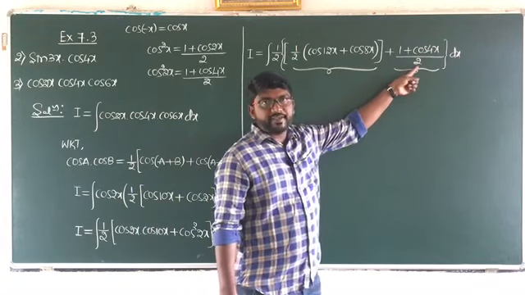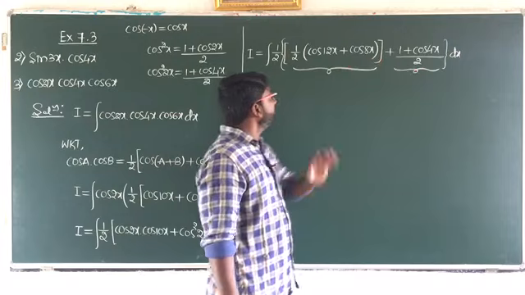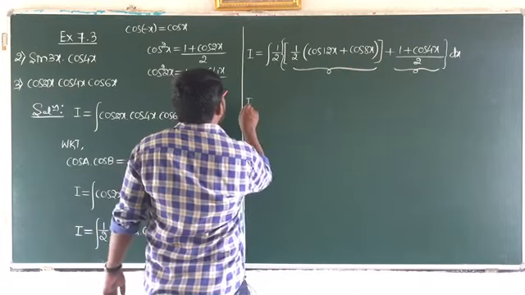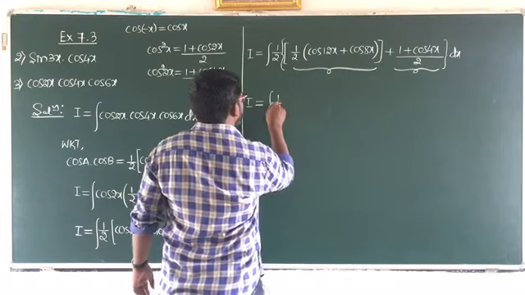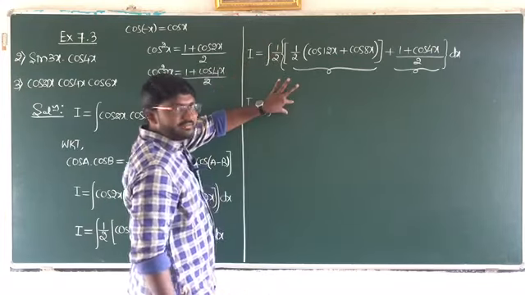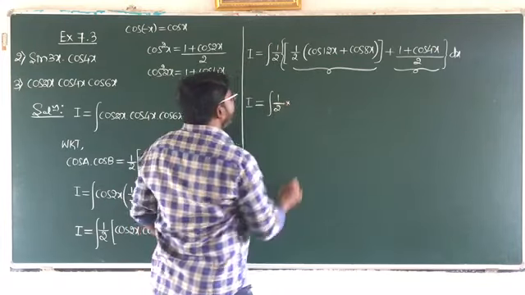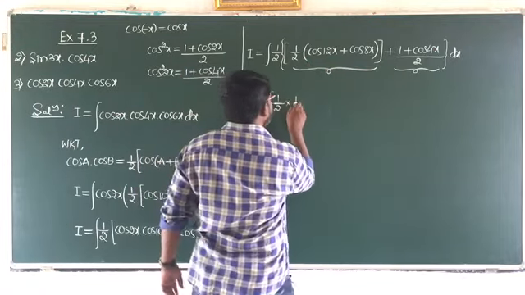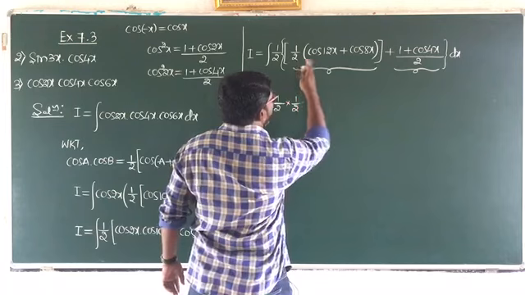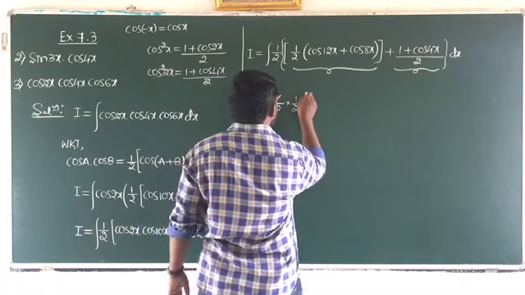In the denominator we have 2, that is nothing but 1 by 2. So I, which is equals to integral 1 by 2. This 1 by 2 I write it as it is, then into, from these two I take 1 by 2 common now. So it is 1 by 2. So now write the remaining terms.